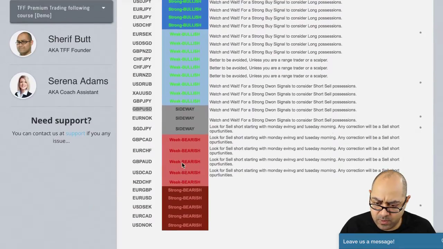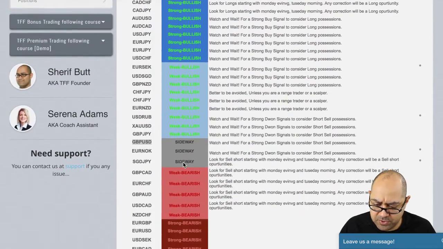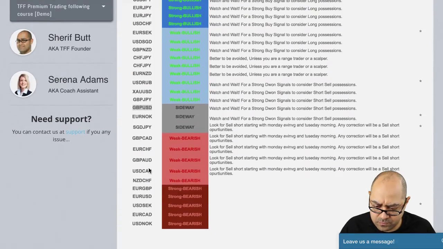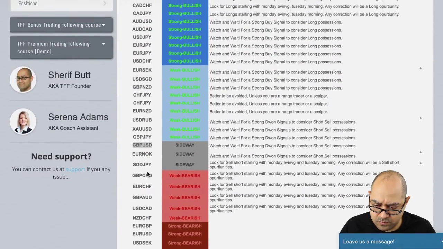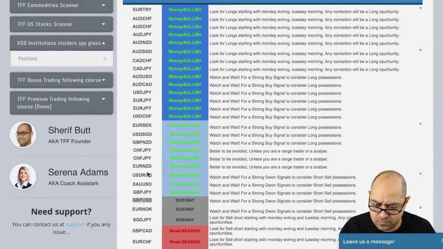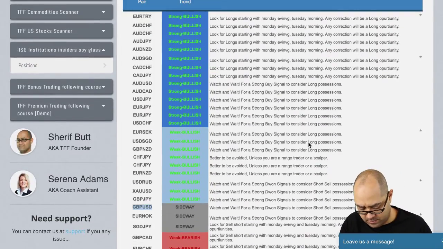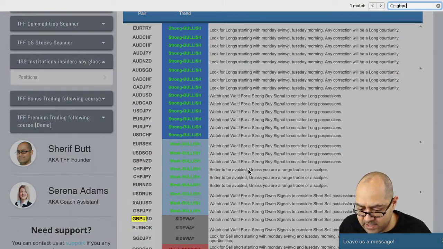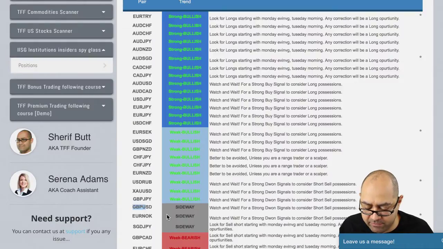And the British pound actually, just try to find it. Yeah, it's sideways. I would agree very much about that.